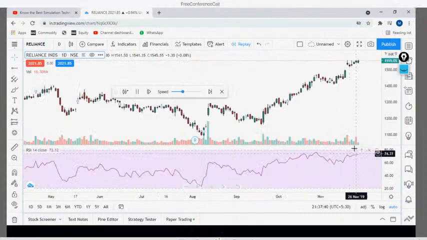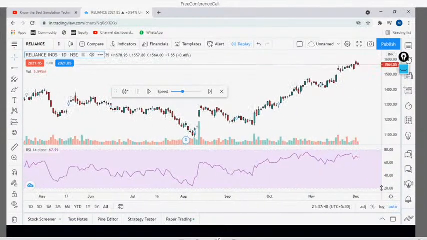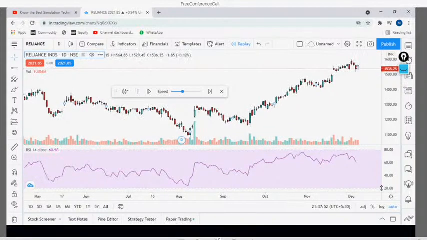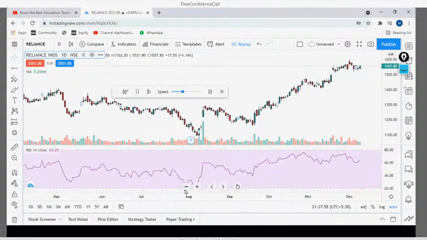Again, it came down. Let me see if it has gone somewhere to 80 and 20. You can also test using moving averages. If the stock comes near that moving average, how it reacts, you can check with the backtested data also.